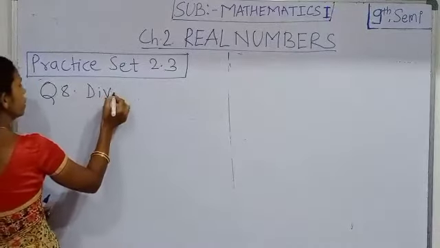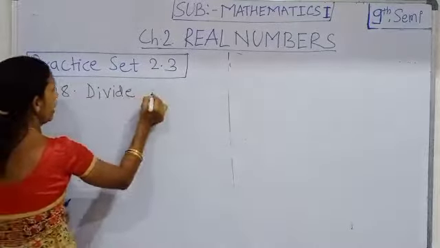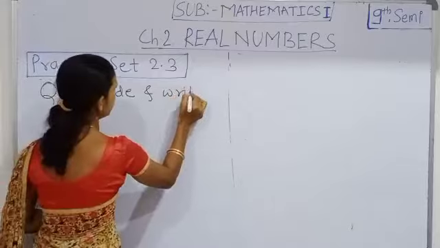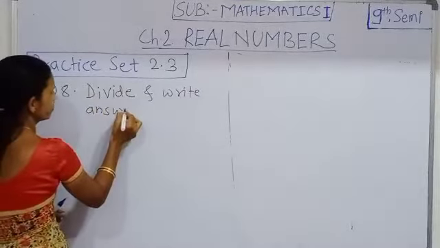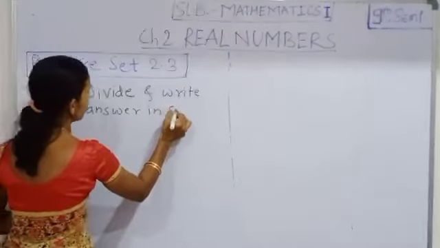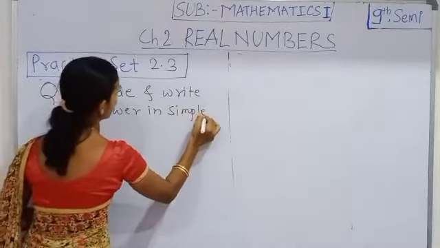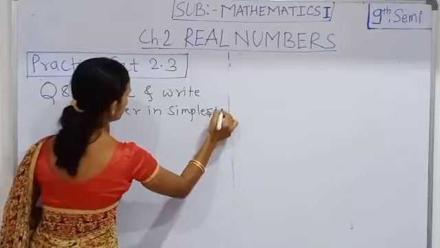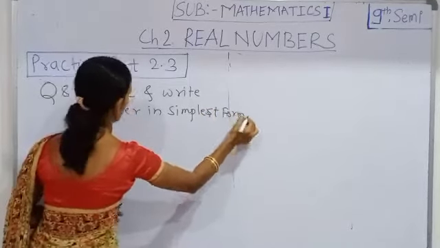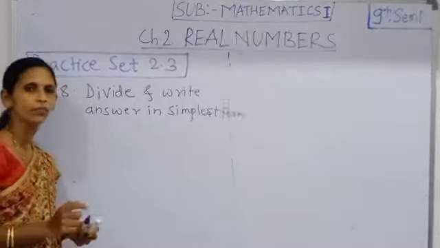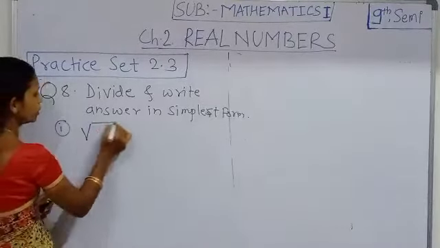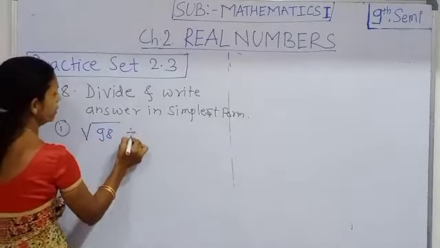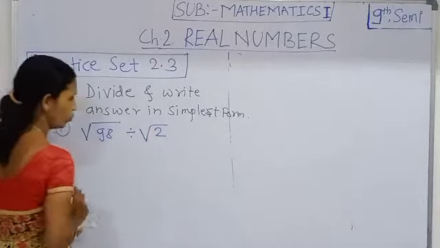The question given here is: divide and write the answer in simplest form. The example given here is root 98 divided by root 2.